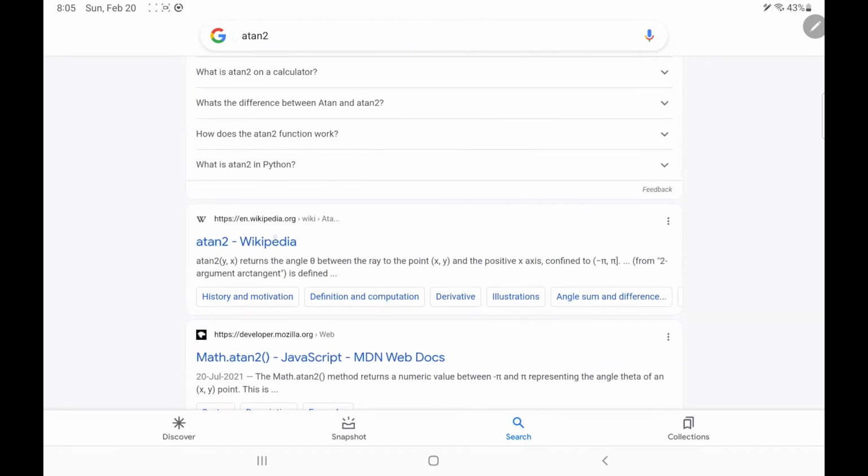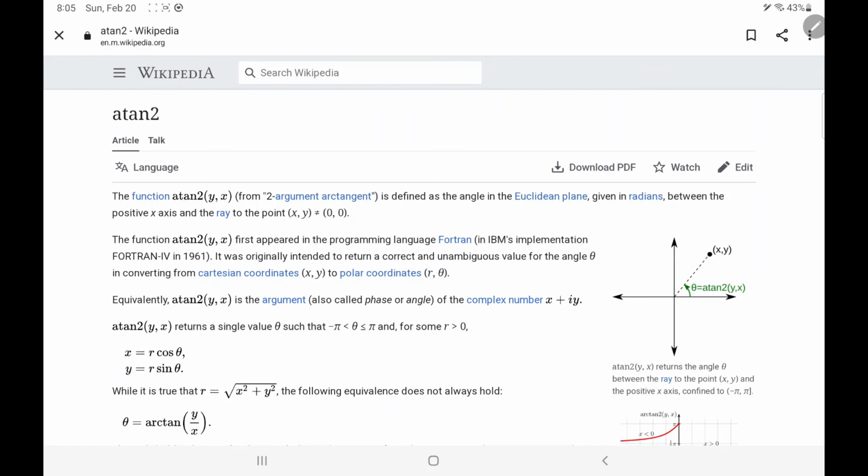So let's go to Wikipedia to understand about it. So basically atan2 is a function. It is accepting two arguments. The first will be y, the second will be x, and it is actually the angle. The result of this is an angle in the Euclidean plane.